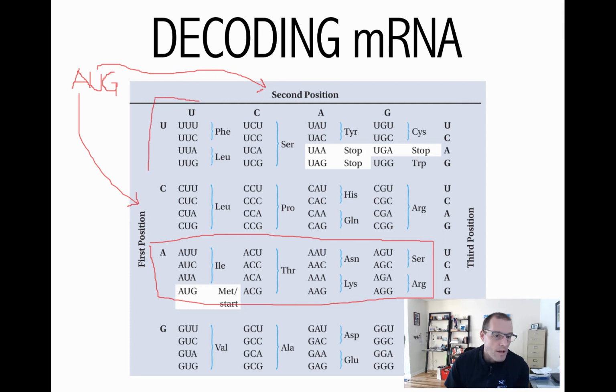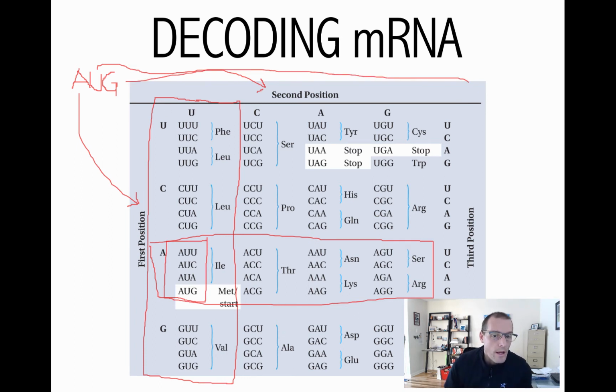Now we're looking for all of the codons that are in this column and which correspond to the row of the first position. So now we're just dealing with this group here. Then G is all the way over here in the third position.